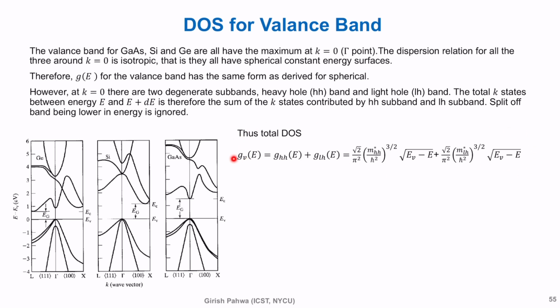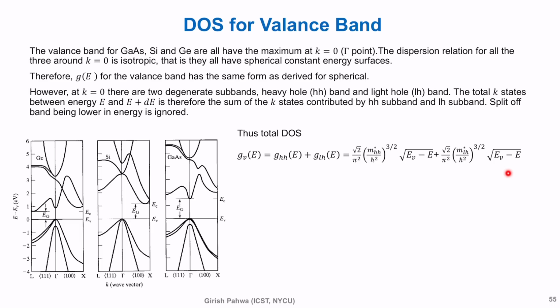Now what if I want to calculate the density of states effective mass here? As in the case of electron, we calculated Mn star, where you want to replace all the 6 ellipsoids with one sphere. Now what if I want to do the same thing here?